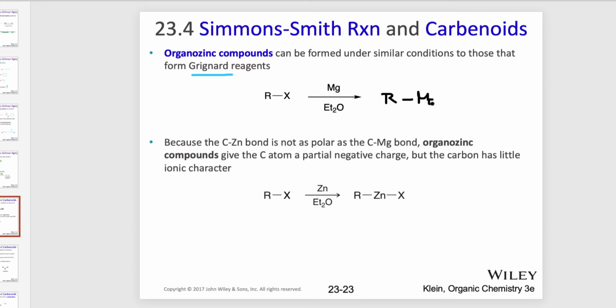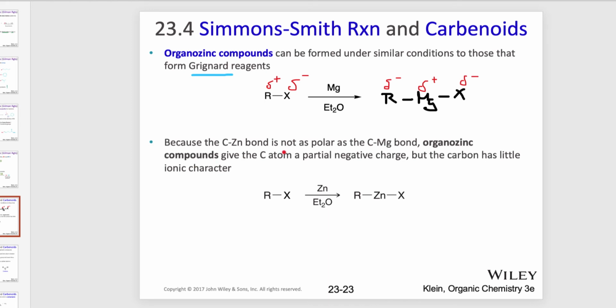And the important component here was that we have a very strong nucleophile because we changed the bond polarization. We went from a delta plus and delta minus to a delta minus strong nucleophile for R:-. We have delta plus magnesium, and then we have delta minus for the halide.